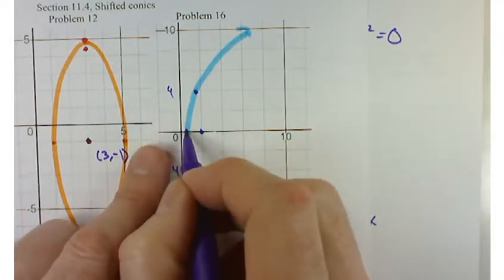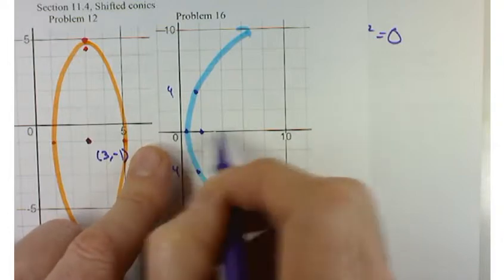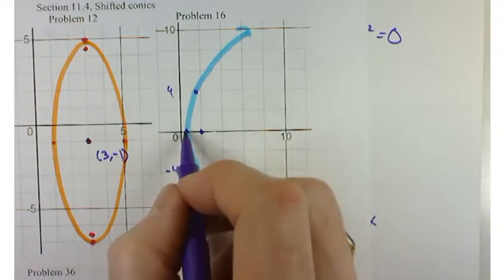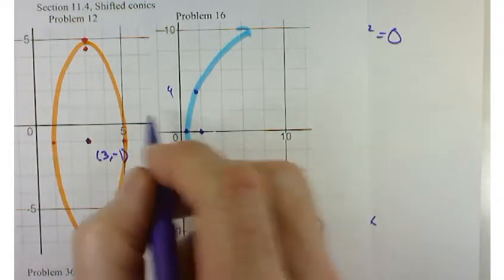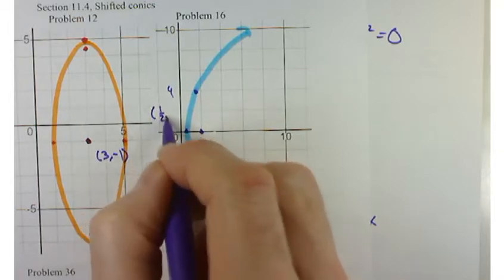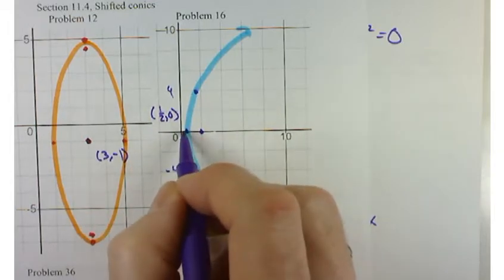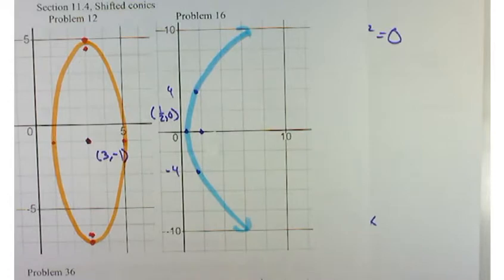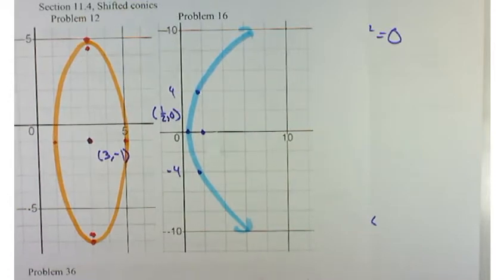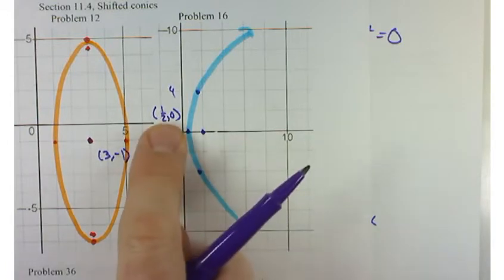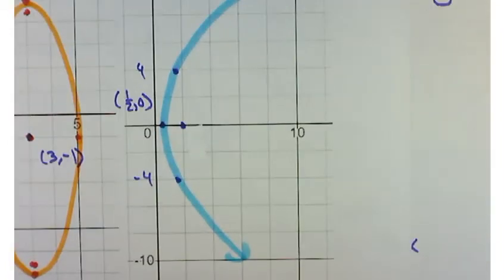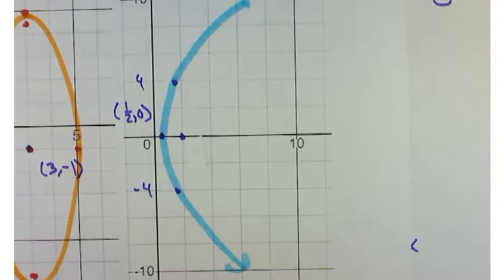And that focus is going to be a distance of 4 away from the vertex. Let's think carefully about moving a distance of 4 away from the vertex. The vertex was at 1/2 and 0. Where's the focus going to be? Which coordinate do I have to change in order to find the focus? Am I changing the x-coordinate or the y-coordinate?